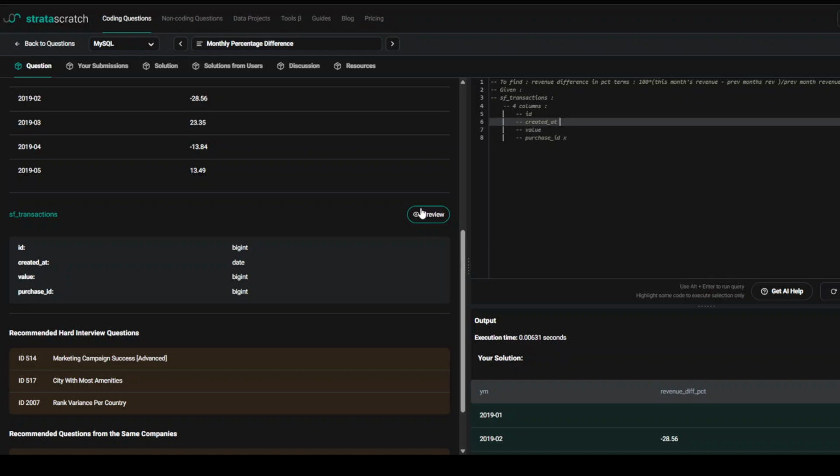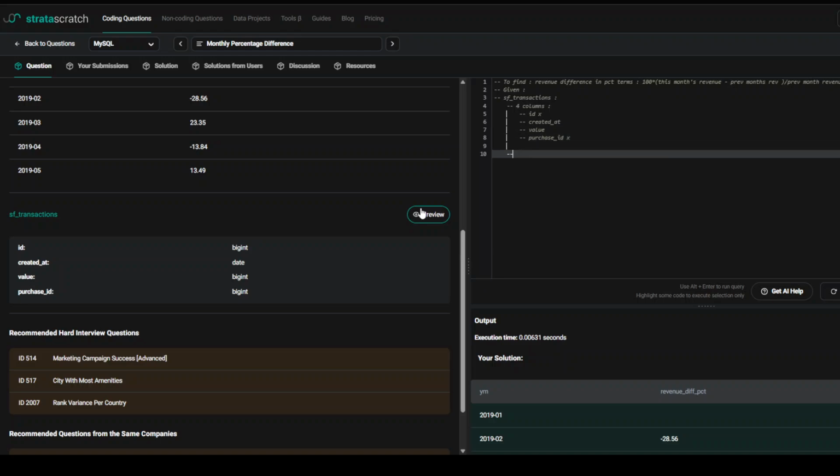We don't really care about ID and purchase ID in this particular question because they don't provide any value for us. Only created_at and value will provide us information, but created_at should be in a date format of YYYYMM.